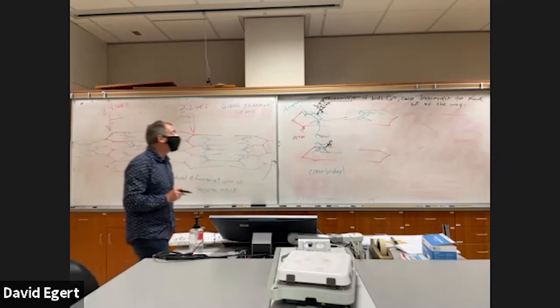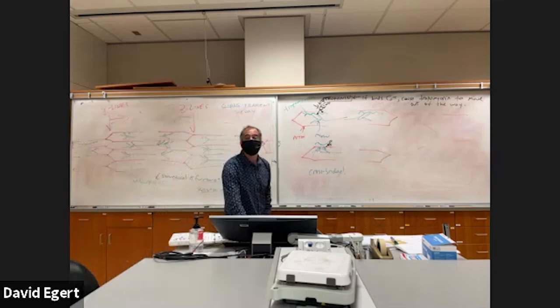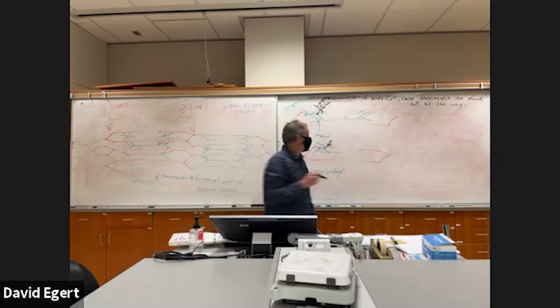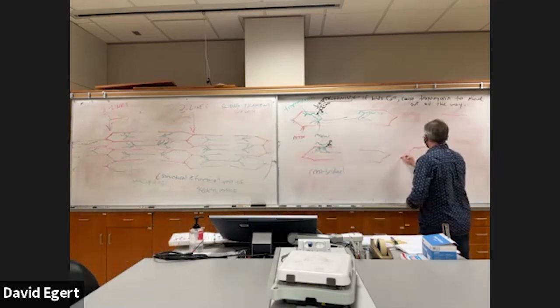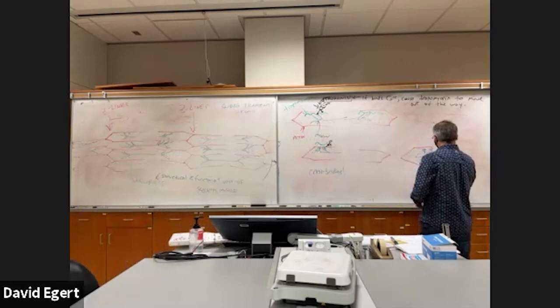And then what happens when actin binds the myosin? That's what causes the spring. The myosin springs. That's the power stroke.